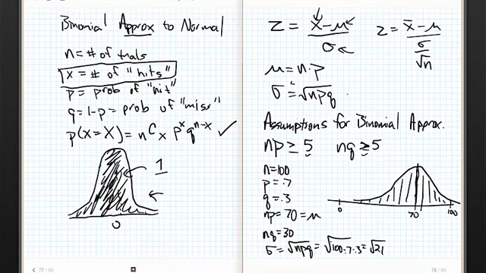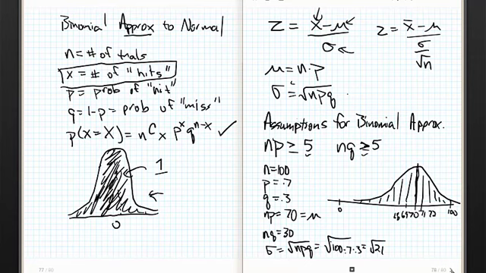A binomial probability distribution, however, has discrete values. In other words, the number of cars that order a Big Mac can be 70, 69, 68, 71, 72, etc. It's not possible for 71.3 of the cars to order a Big Mac. They either do or they don't. And that becomes really important when we use this.